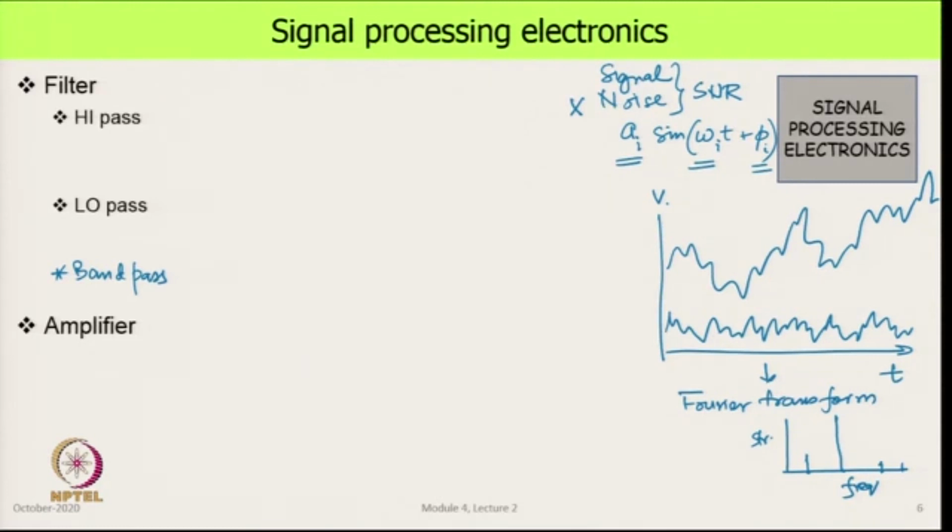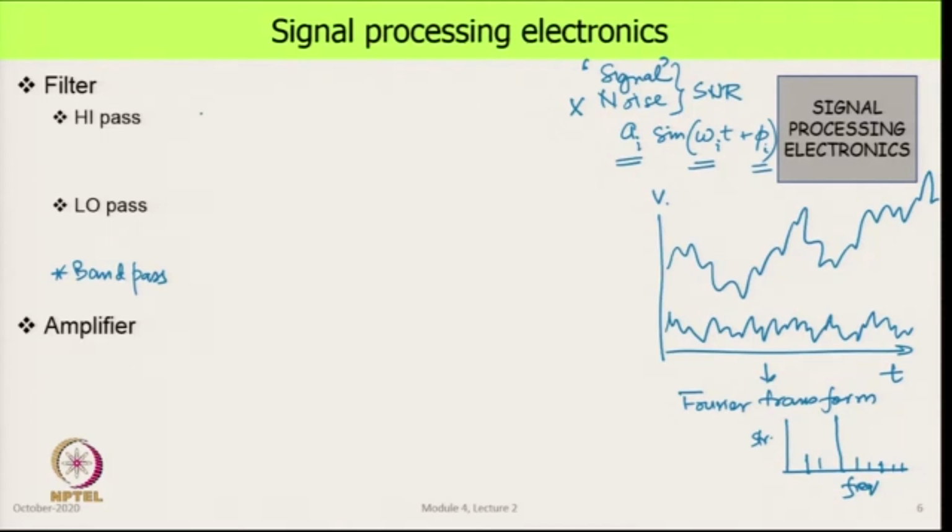So, in many of these frequencies that are there, we need to have, a priori, some idea of the frequencies which are, quote unquote, good for us, which are of use, and then we want to remove the other frequencies. In the hardware, this is done by two types of filters.